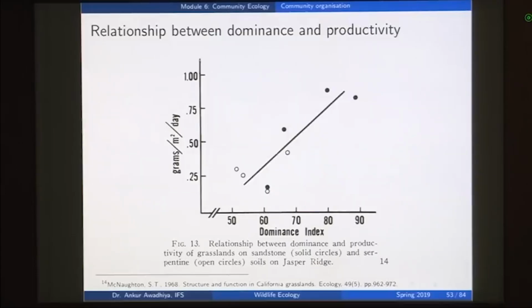So, those communities which have some dominant species will be able to have a much higher level of productivity as compared to those communities that do not have a species that is dominant.